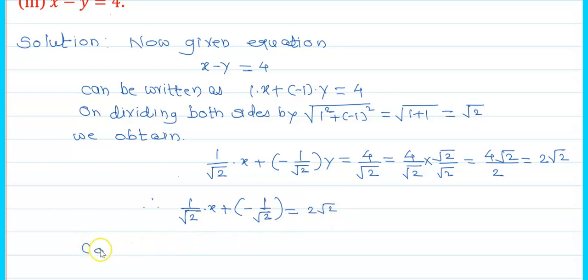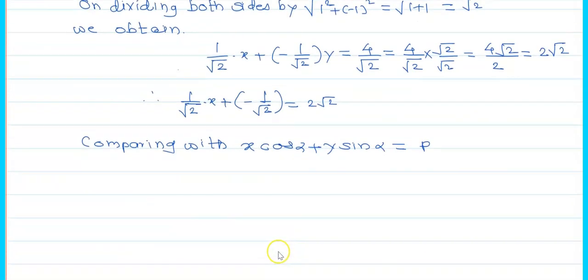Again comparing with x cos of alpha plus y sin of alpha is equals to p, okay, and therefore here cos of alpha is equals to 1 upon root 2, and sin alpha is equals to minus 1 upon root 2.